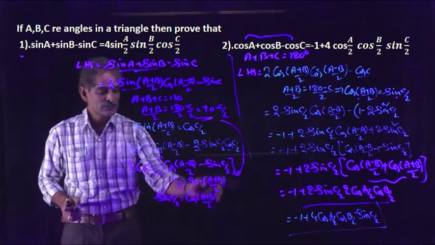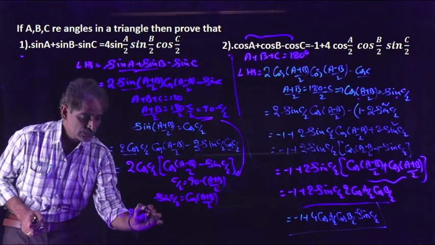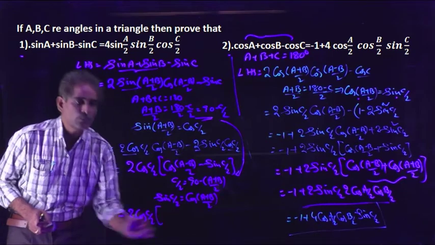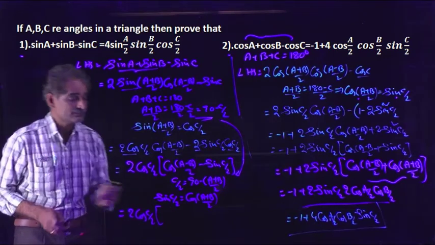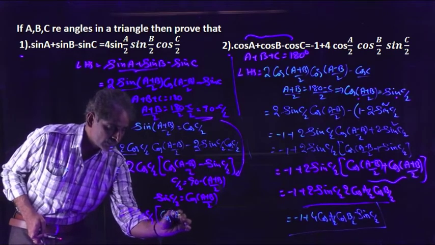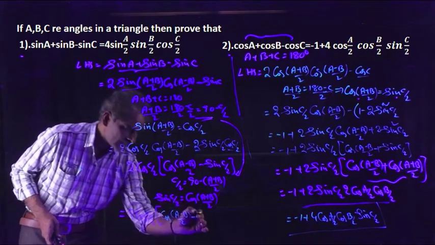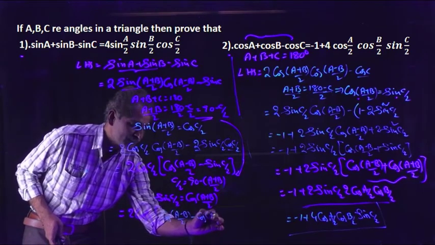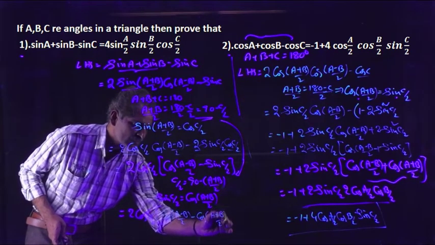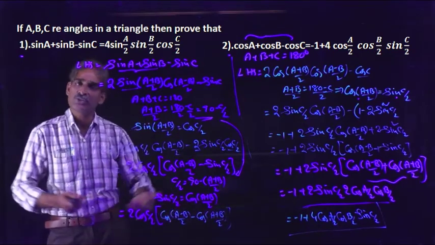Just replace sin c by 2 with this one, then we will get 2 into cos c by 2 into [cos of (a minus b) by 2 minus cos of (a plus b) by 2]. It is in standard form. It is in the form of cos(a minus b) minus cos(a plus b), which is 2 sin a sin b.